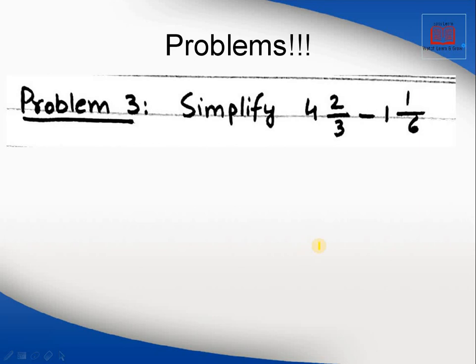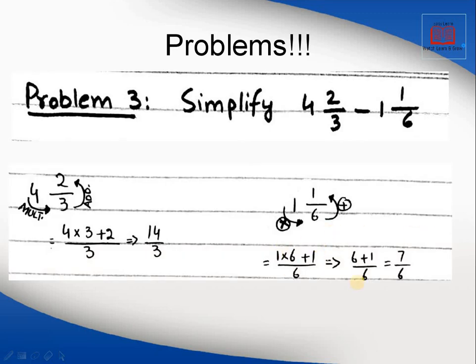The denominators are the same. Now simplify the mixed numbers, that is 4 2 by 3 minus 1 1 by 6. First of all, as in the previous episode, we have already discussed how to convert a mixed number into an improper number. Repeating again: 4 is multiplied by 3 and then 2 is added. This is the anti-clockwise process, and here you insert the multiplication sign between 4 and 3, and the addition sign between 3 and 2.